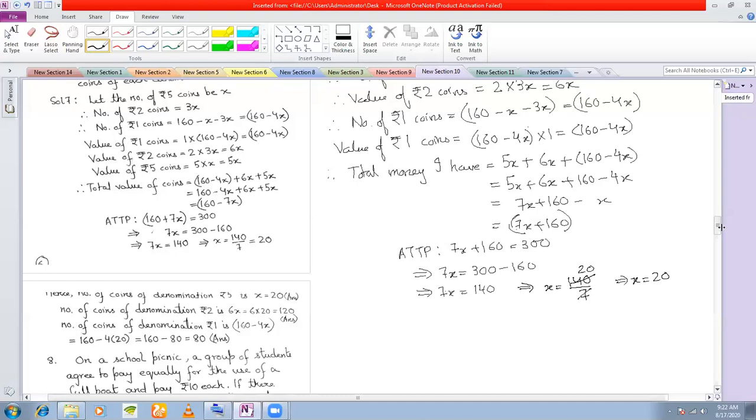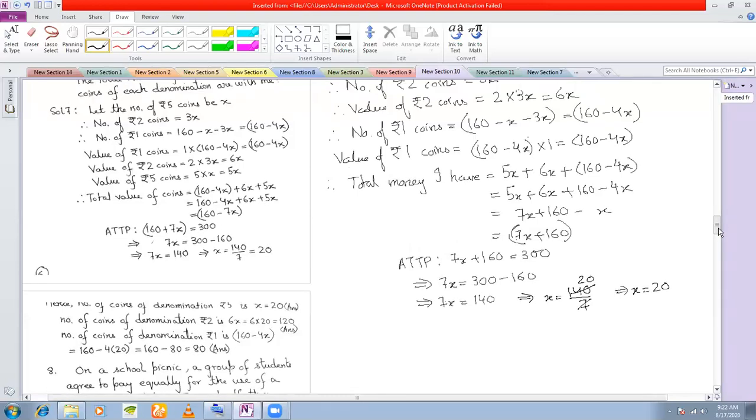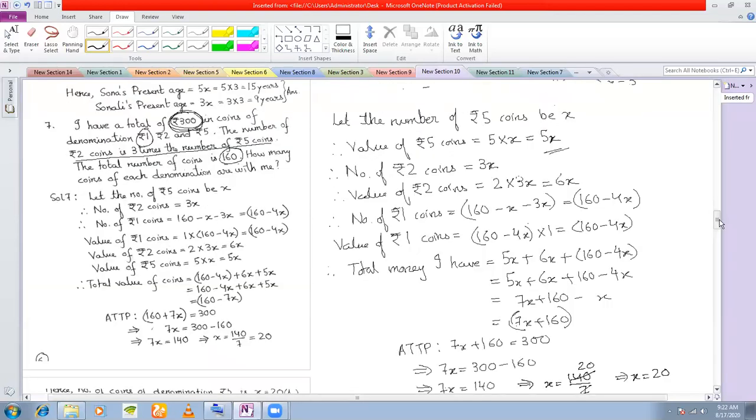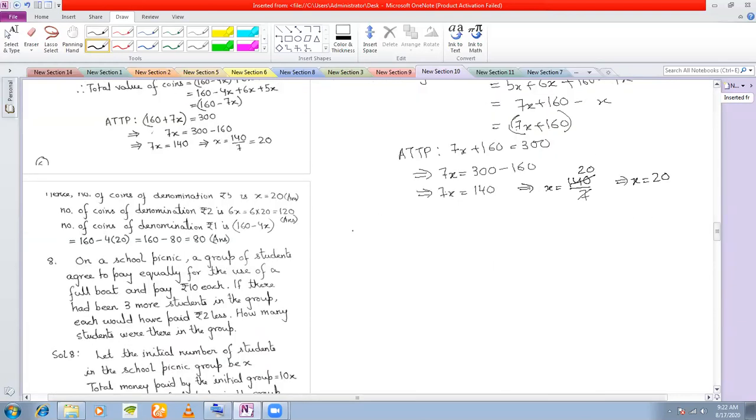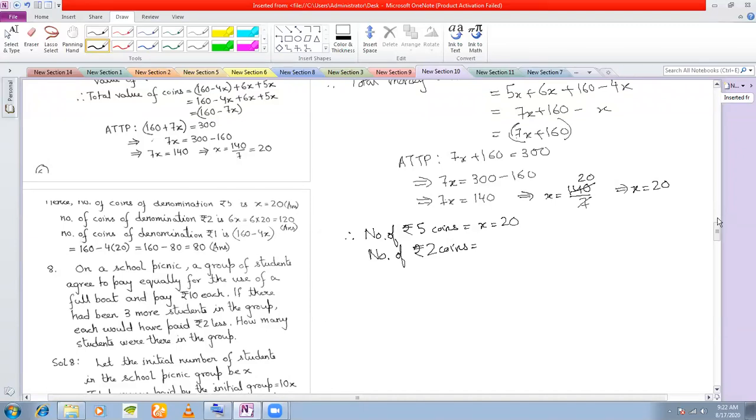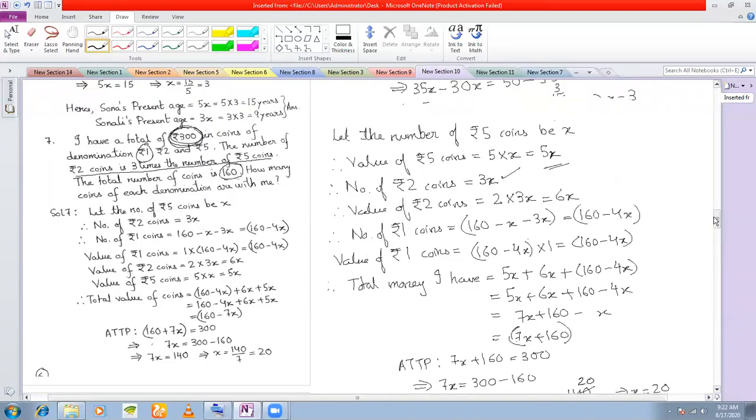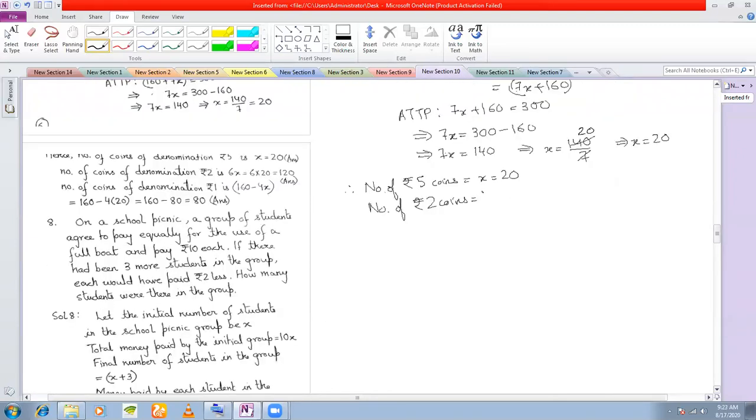So how many coins of each denomination do I have? The number of rupees 5 coins is x, which is 20. The number of rupees 2 coins is 3x, 3 times 20, which is 60.